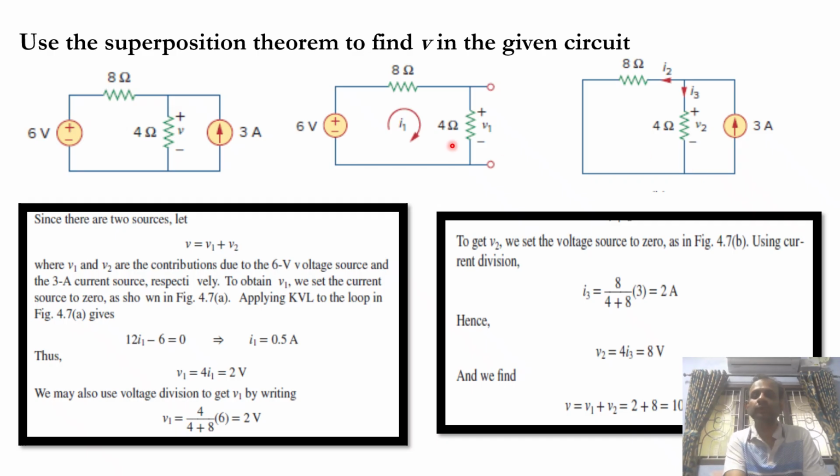So voltage will add. So this is the voltage. V1 is the voltage due to current I2, V2 is the voltage due to the current I3. So here you are getting 8, here you are getting 2. So together 10.